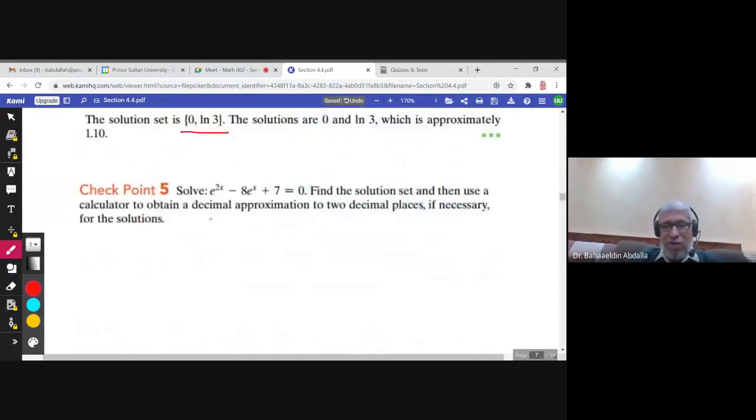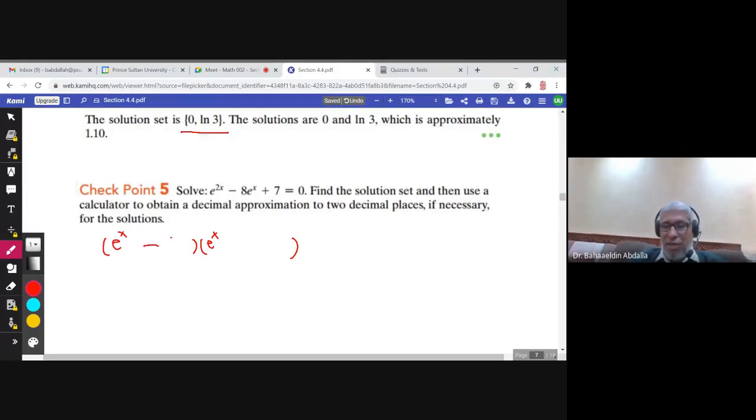Let us solve this equation. If you understand that this is e to the power x and this is e to the power 2x, you can immediately factor. For e to the power 2x, you can write e to the power x times e to the power x. And plus 7: search for two numbers whose product is plus 7 and whose sum is negative 8.